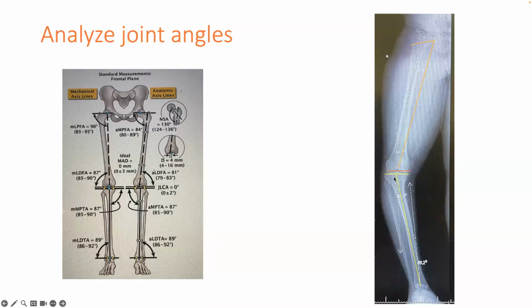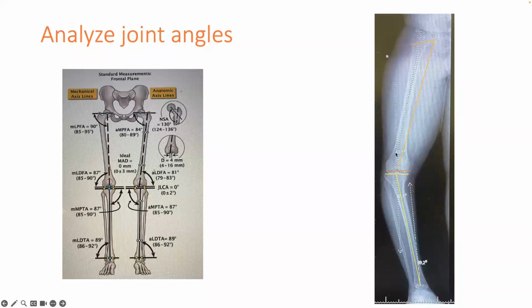The medial proximal tibial angle is 78 degrees, it should be 87, and the lateral distal tibial angle is 78 degrees, it should be 87 degrees.